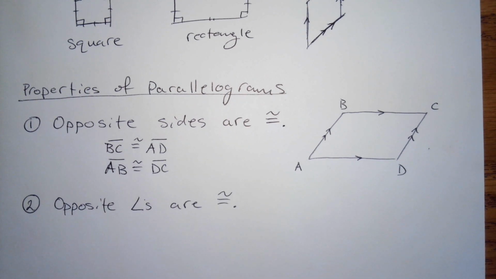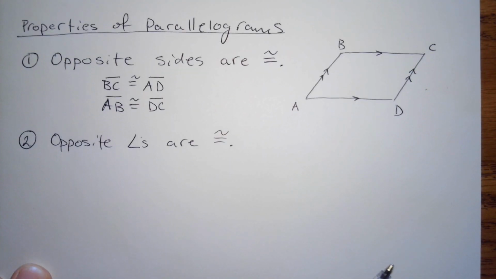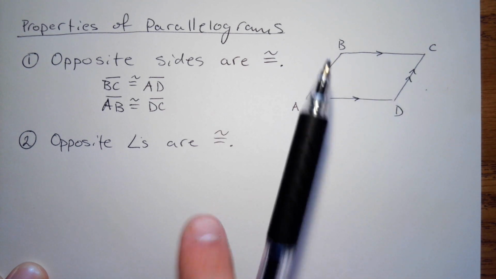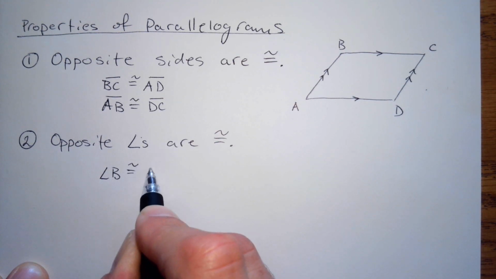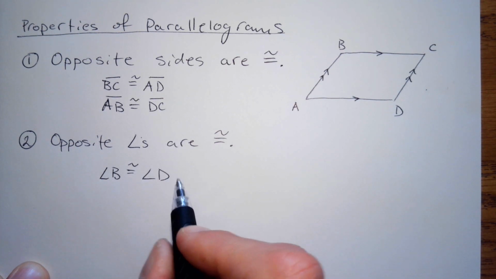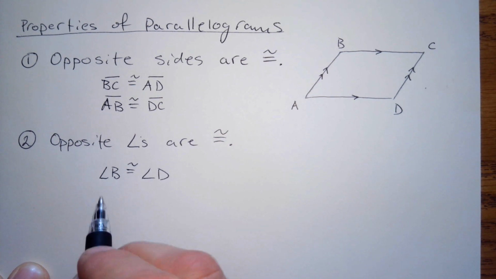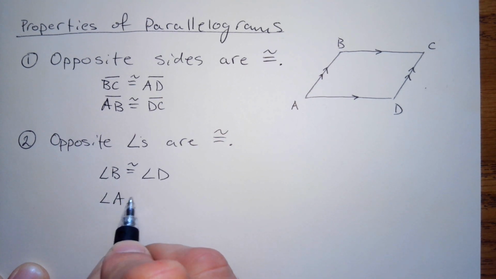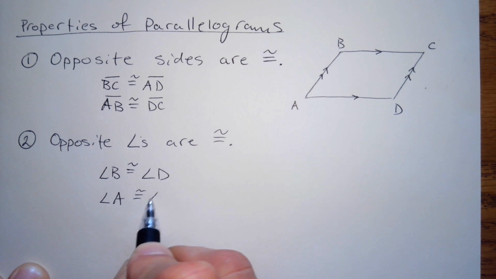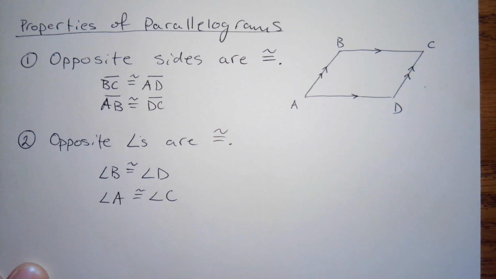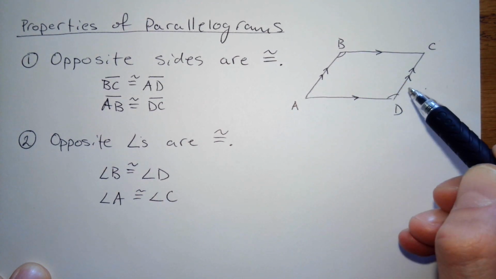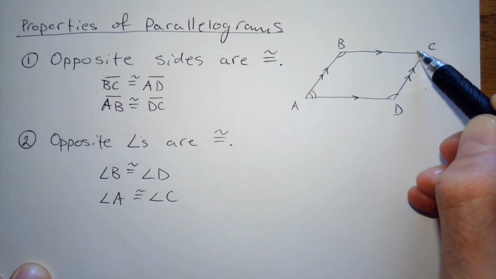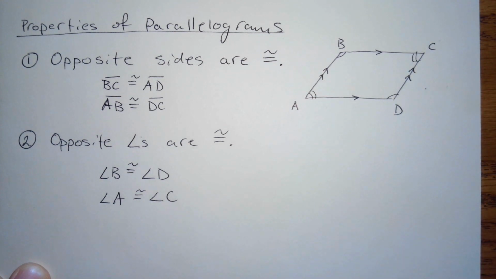It is with a square and a rectangle, but if I say opposite angles are congruent with the same picture, that just means angle B is congruent to angle D. Angle A is congruent to angle C. I would put the tick marks on, but I don't want to make it super, super messy.